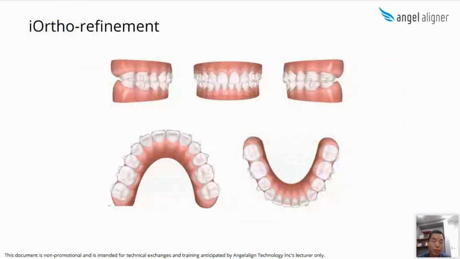So this is also a refinement we can see. We design a diagram here, and also design an extrusion of some posterior teeth and intrusion of lower incisors to tighten the interproximal contact.